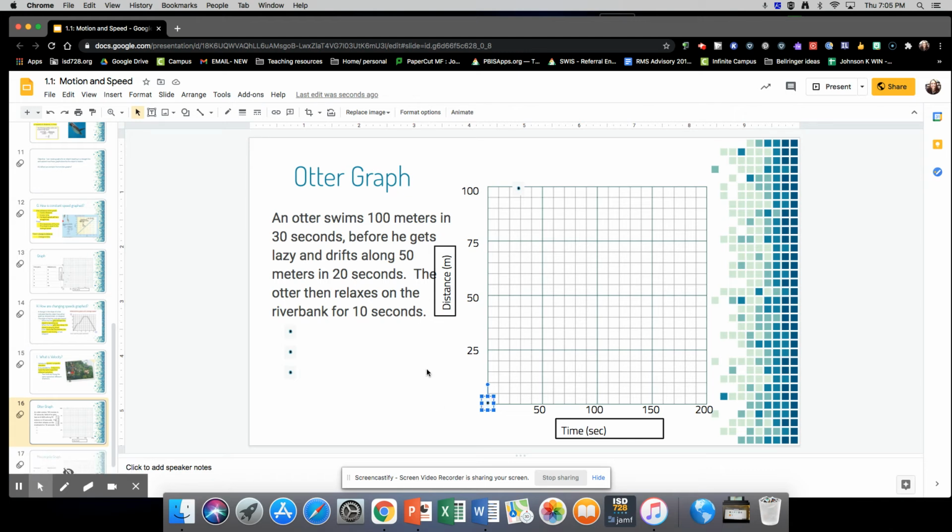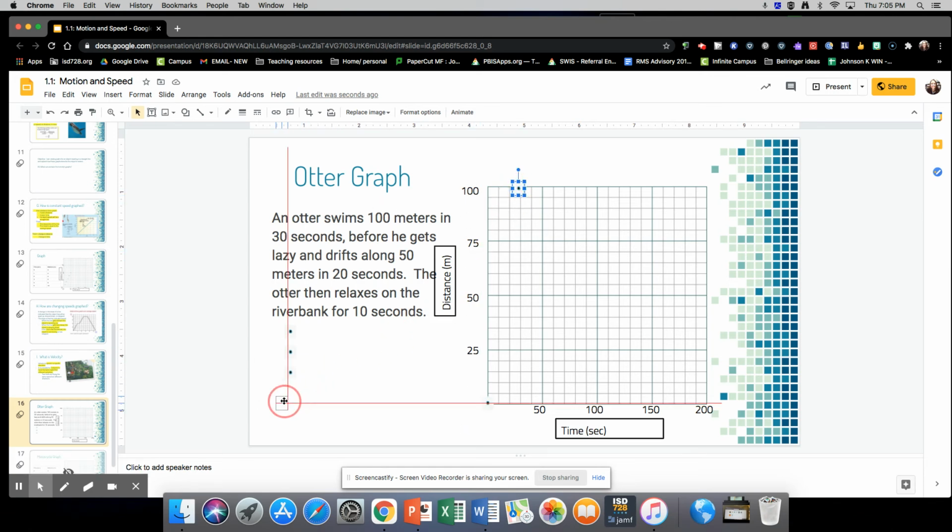Then my otter swims for 30 seconds. He swims to 100 meters, before he gets lazy and drifts along 50 meters in 20 seconds. Okay, and I am realizing that I need to change my distance here.